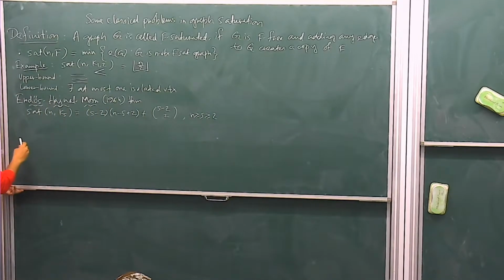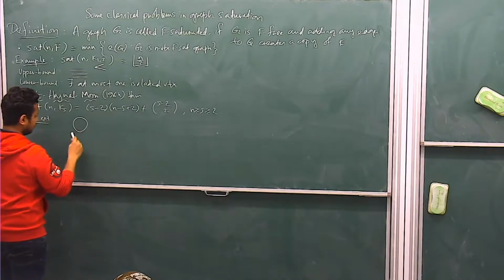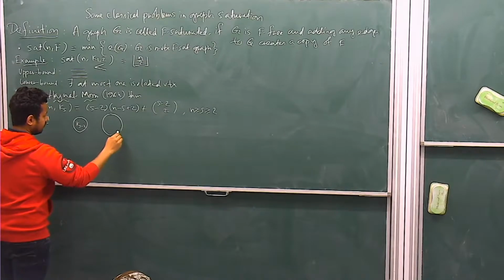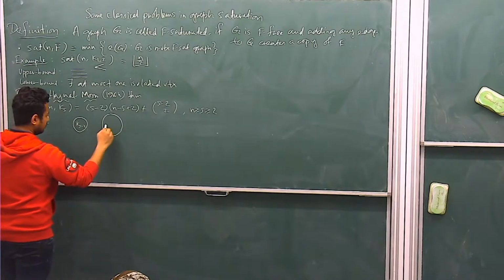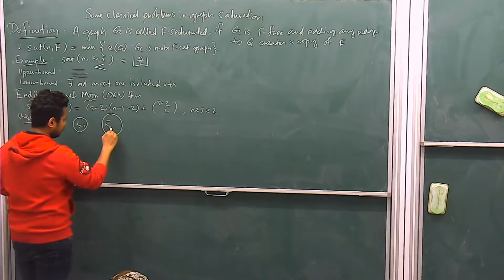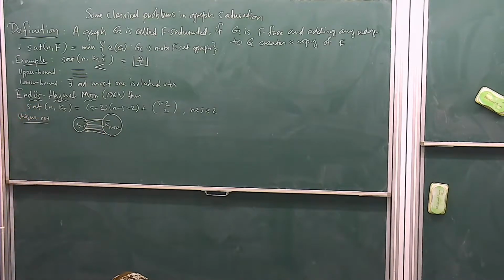And the unique extremal example is this graph. You have this K_{s-2} and you have this independent set, the complement of K_{n-s+2}, which is basically just an independent set, and you take the join of them, adding all the edges in between.